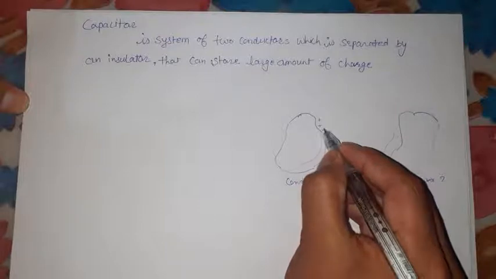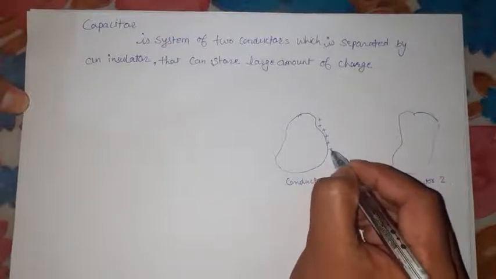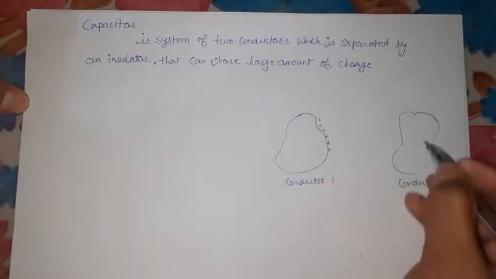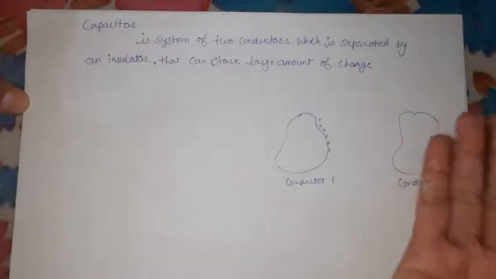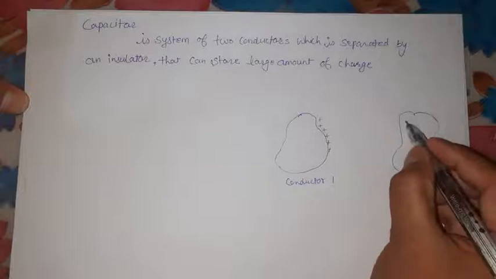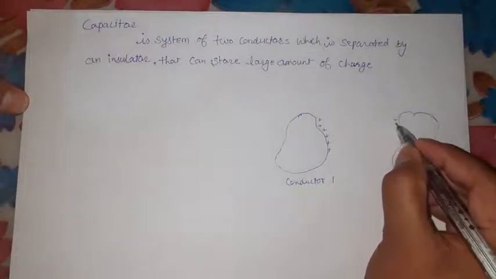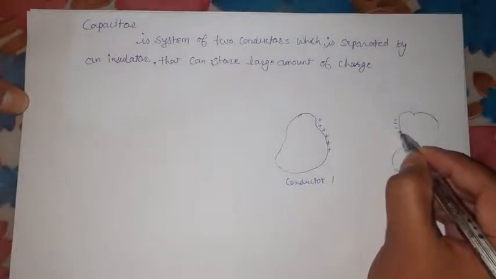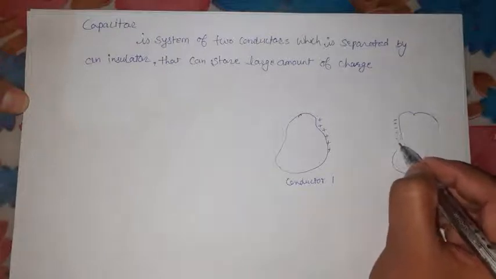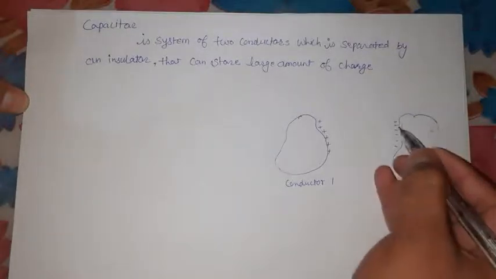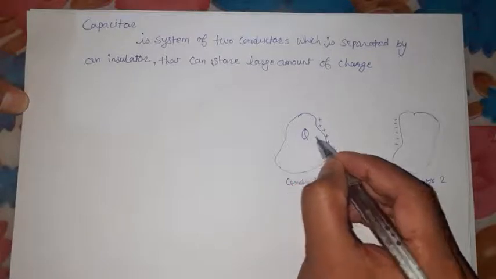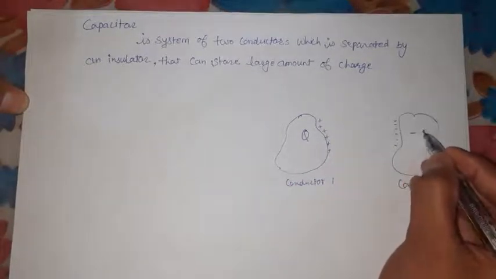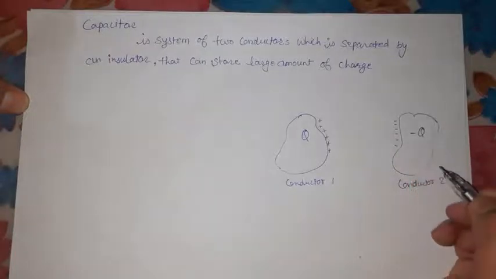And which charge will exceed on conductor number 2? The positive charge is going to decrease, so therefore negative charge will exceed on it. As much positive charge as you give over here, let it be q, so much negative charge will exceed at this point.